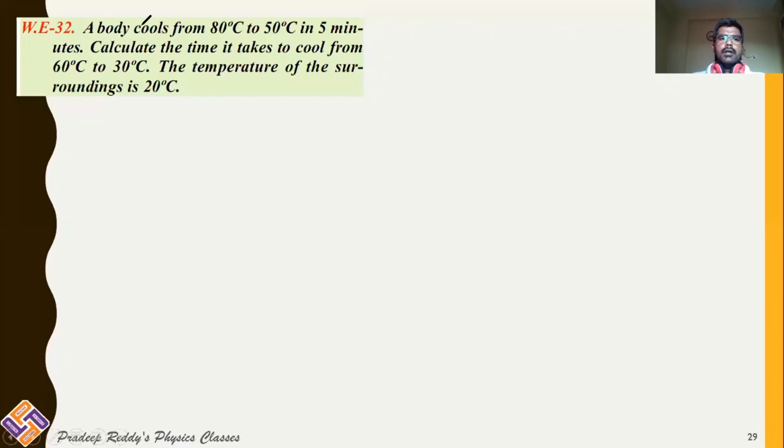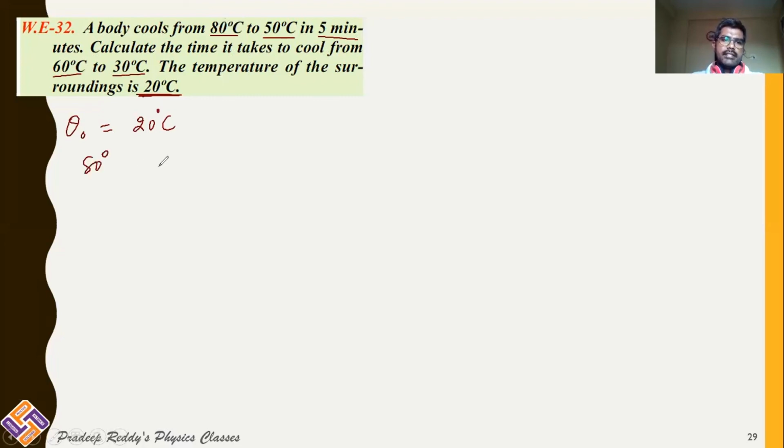A body cools from 80 degrees Celsius to 50 degrees Celsius in 5 minutes. Calculate the time it takes to cool from 60 degrees Celsius to 30 degrees Celsius. The temperature of surroundings is 20 degrees Celsius, so theta naught is equal to 20 degrees Celsius. Initially, the temperature of the body is 80 degrees Celsius.